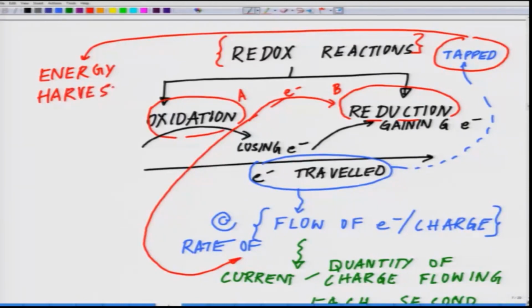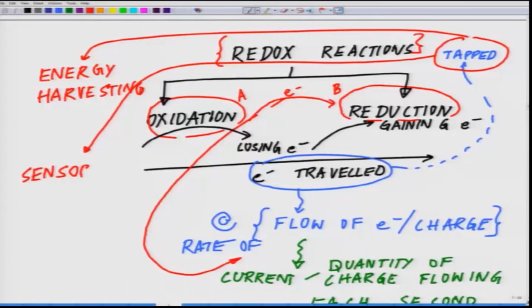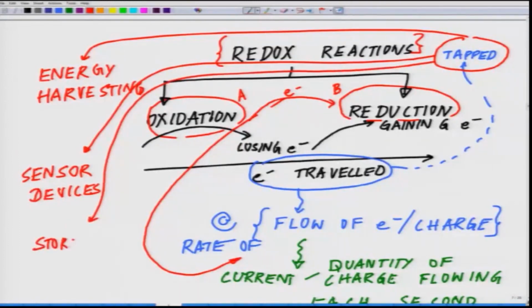Similarly, it could be tapped for sensor devices, or stored for other work. But whether the electron will flow from A to B is the function, the work function, of the two species.